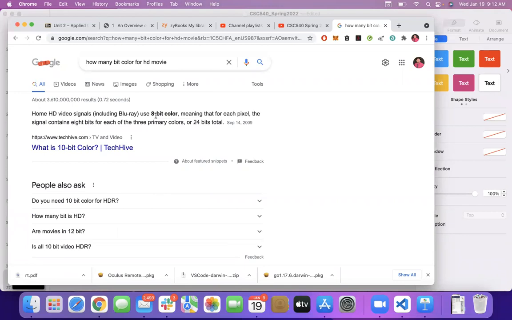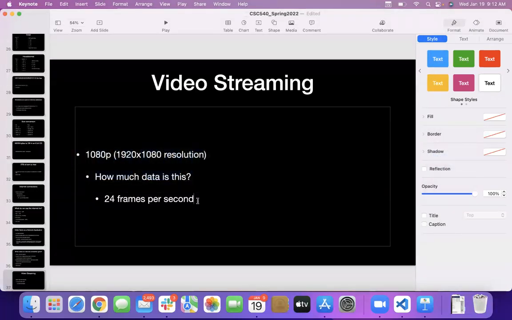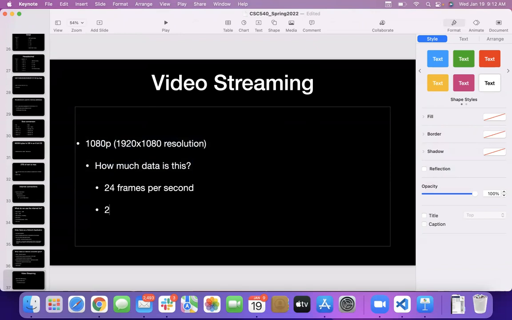It's RGB, red, green, blue. So it's 8 bits for red, 8 bits for green, and 8 bits for blue. It's a total of 24 bits of data for each pixel, and we're doing 24 pictures per second.